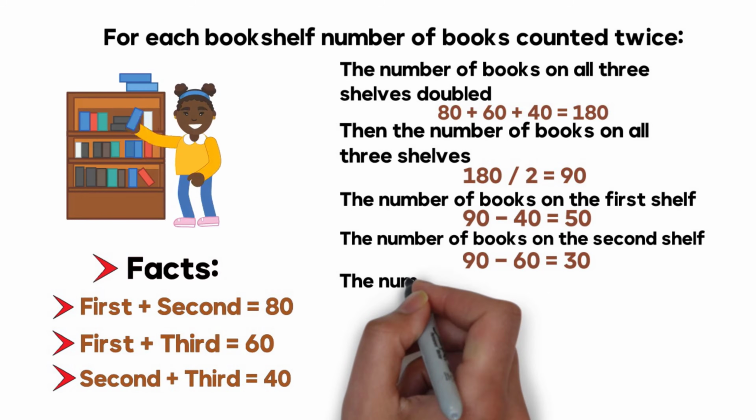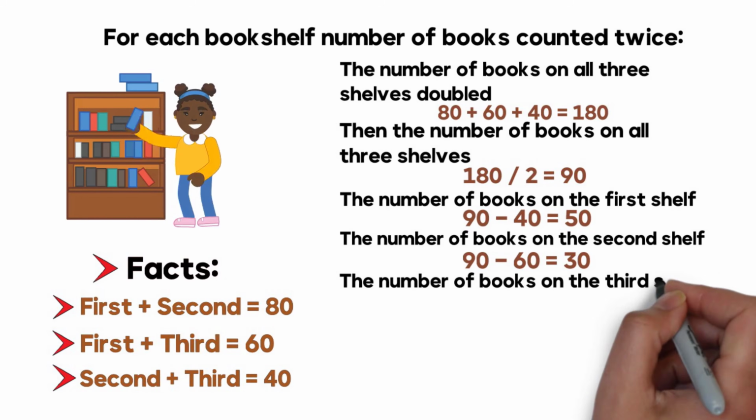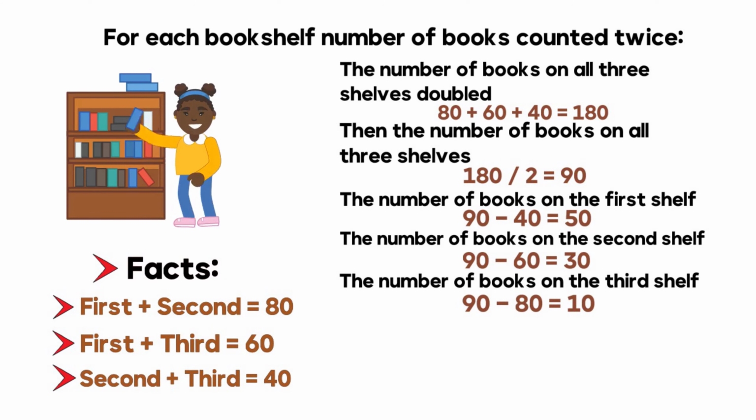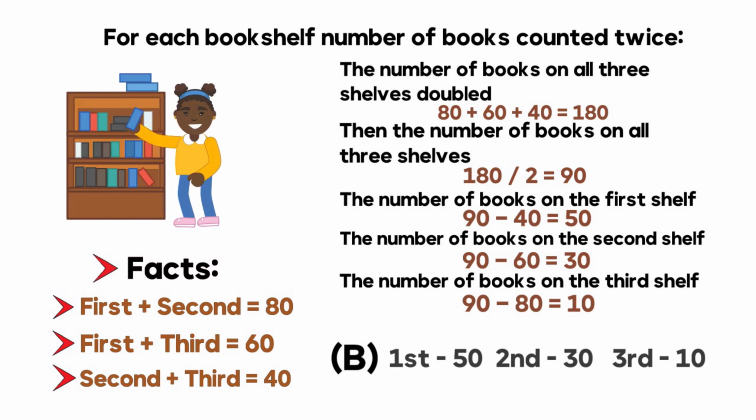And the number of books on the third shelf can be calculated by subtracting 80 from 90, and the result will be 10. So the correct answer here is choice B. There are 50 books on the first shelf, 30 books on the second shelf, and 10 books on the third shelf. Hopefully you've nailed this question and now know how to solve similar challenges on the test.